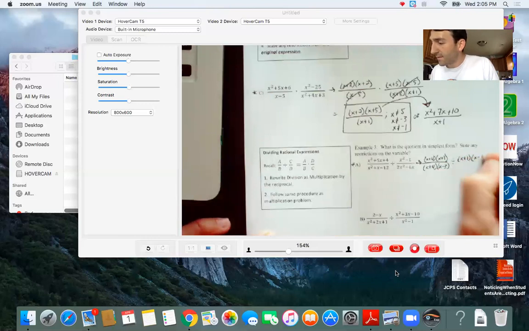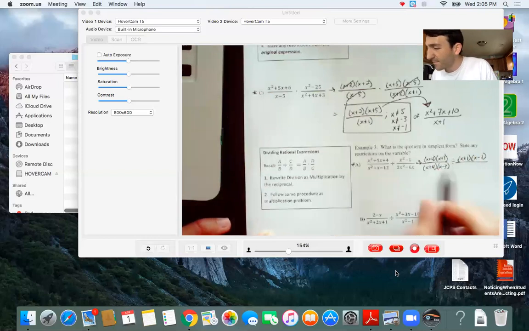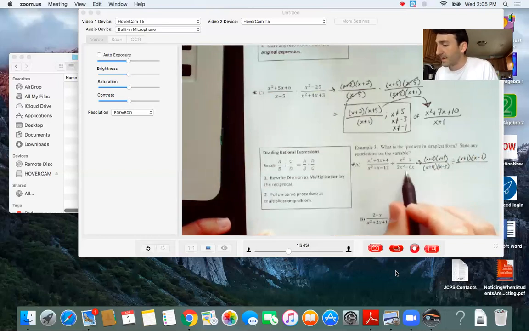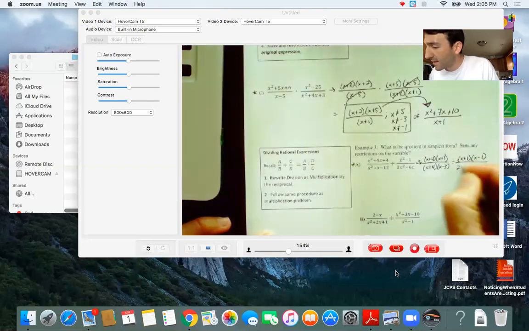Just to save yourself a little writing here, you might want to go ahead and just do your same change flip while you're factoring, but anyways, I'm going to show it a little bit lengthier here. And then out of these two, I can factor looks like a 2x. So 2x times the quantity x minus 3.